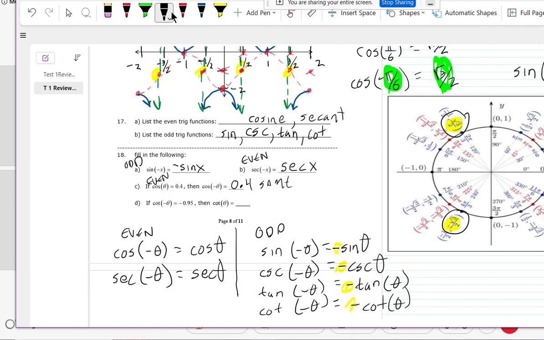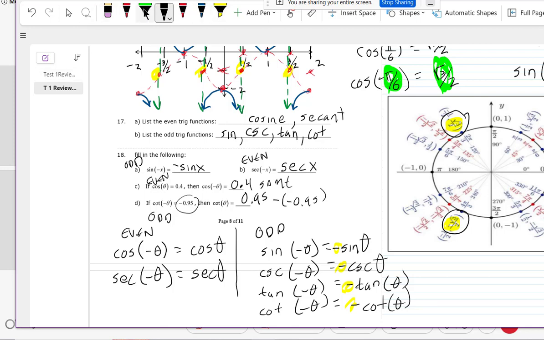That's what that identity says: the cosine of the opposite angle will still give you the same trig value. It's not an opposite, so that will be 0.4. Cotangent is odd, so if we do cotangent of negative theta, this should be the opposite answer. That answer would be 0.95.